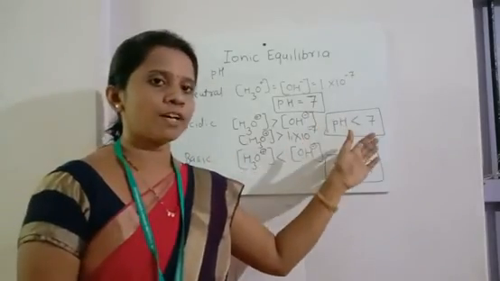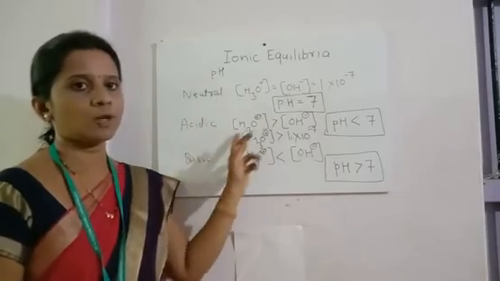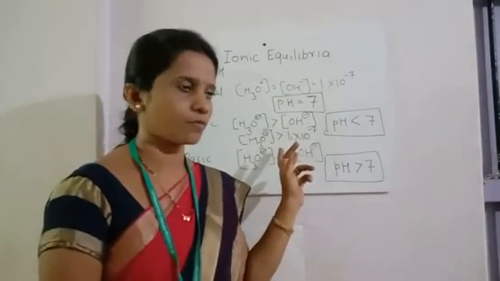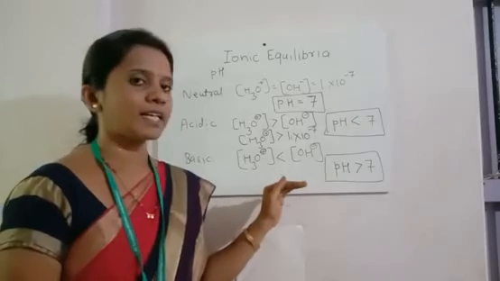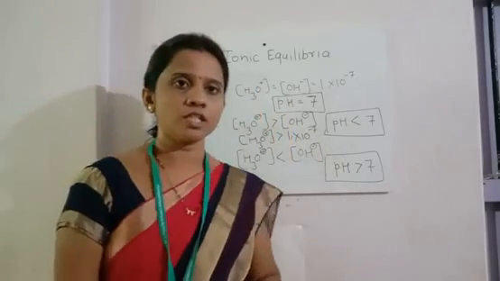If it is in the range of 4, 5, then the solution is acidic. So this is the criteria for acidic, basic and neutral solutions.